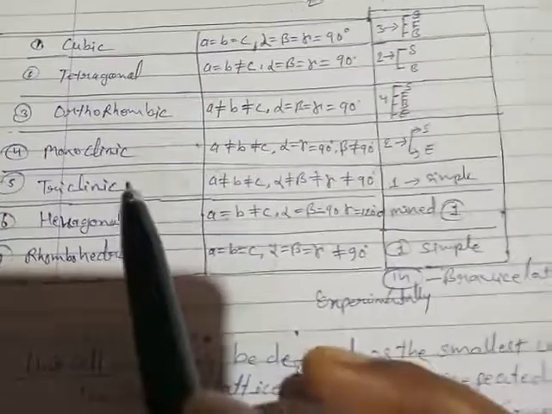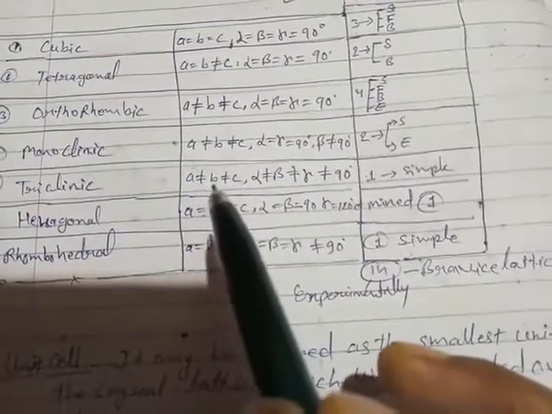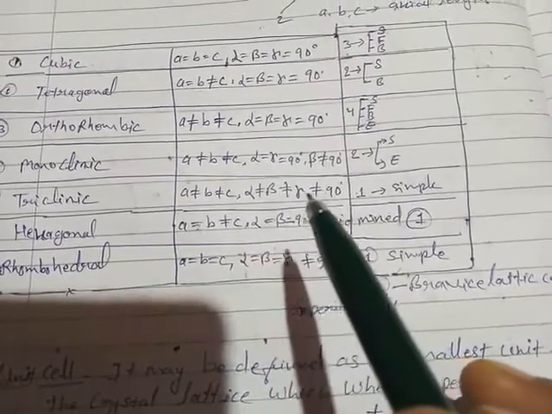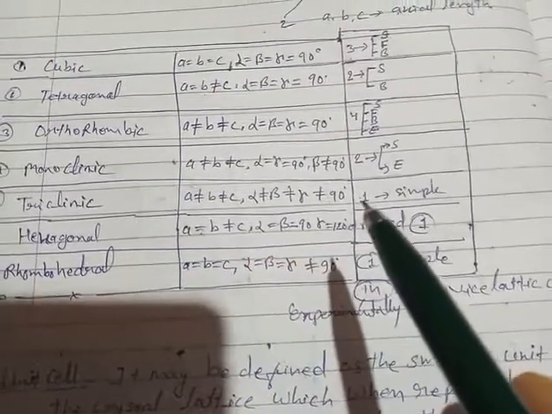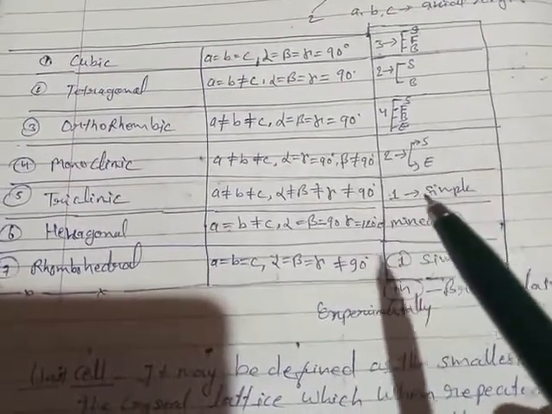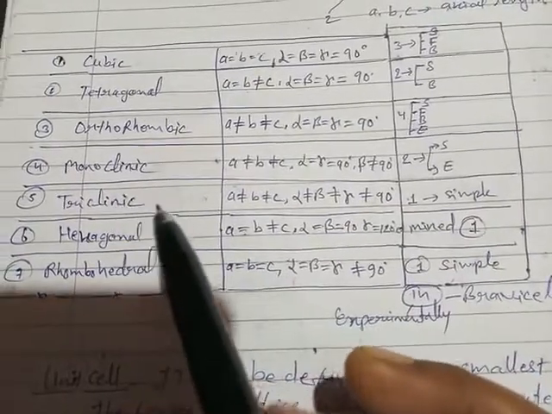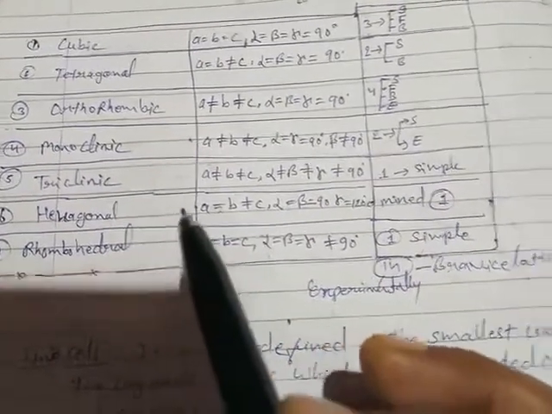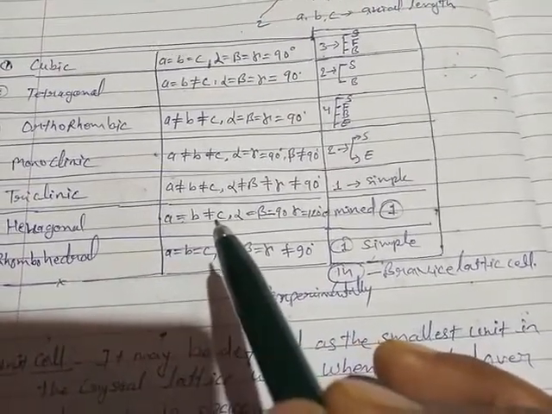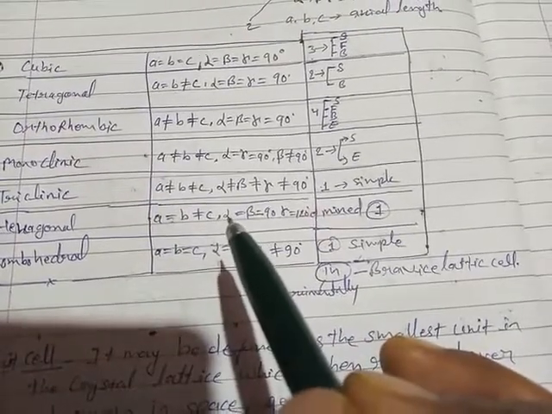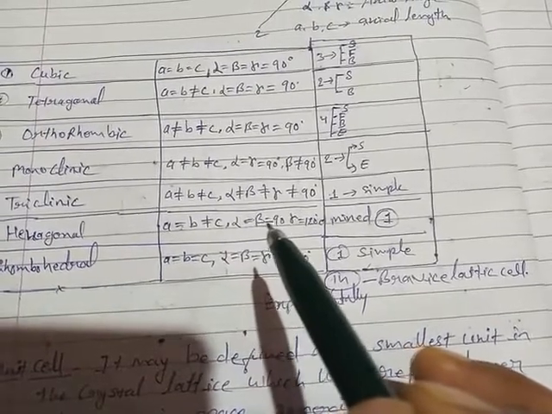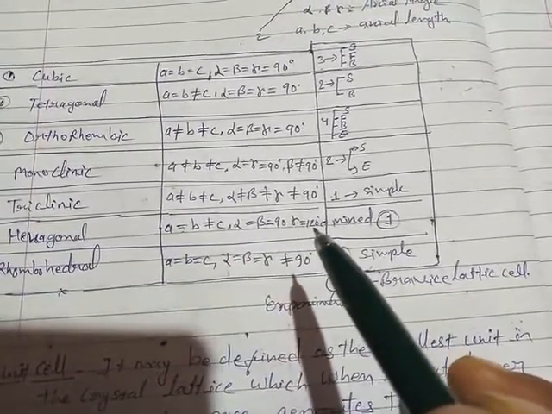And to form the triclinic structure, a not equal to b not equal to c, alpha not equal to beta not equal to gamma not equal to 90 degrees. So we only require one type, the simple unit cell, to form the triclinic. And in the hexagonal structure, the sides are a = b not equal to c, alpha = beta = 90 degrees, and gamma = 120 degrees.